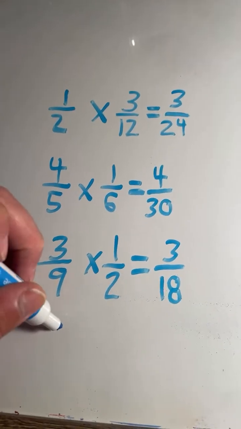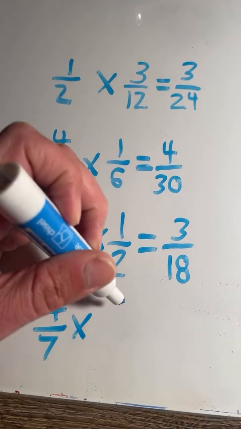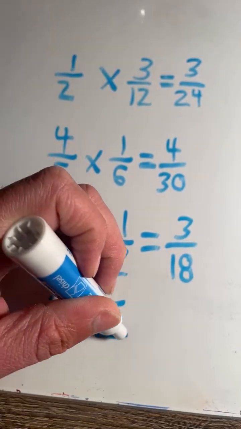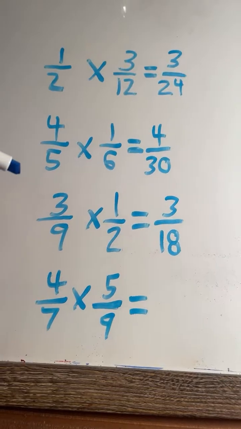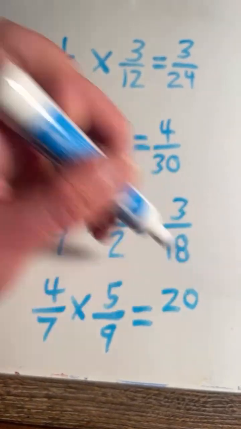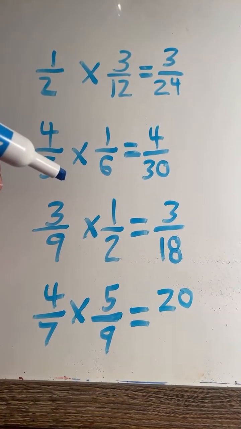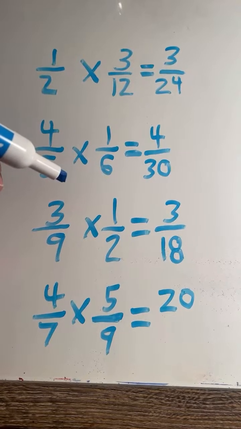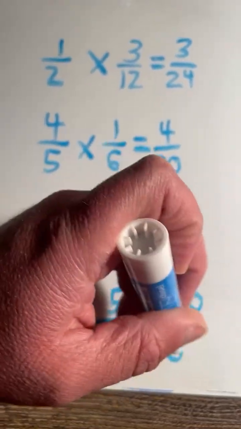All right, another example problem here. 4/7 times 5/9. 4 times 5 equals 20. 7 times 9 equals 63.